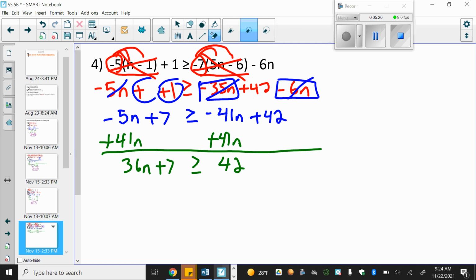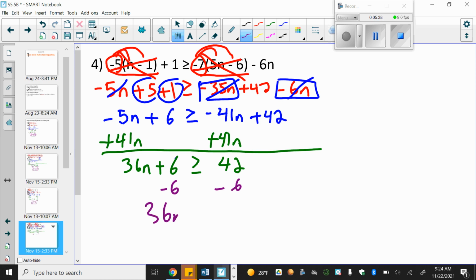I didn't mean to write 6. That was bad. I want to write 5. So 5 plus 1 makes 6. 36n plus 6. I'm going to do minus 6 now. I apologize. 36n is greater than or equal to 42 minus 6, which is 36.